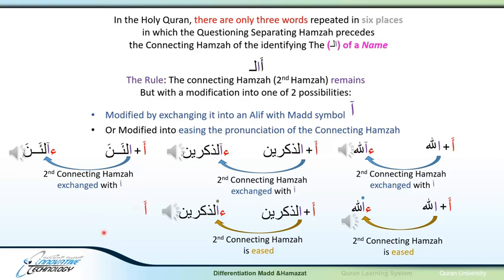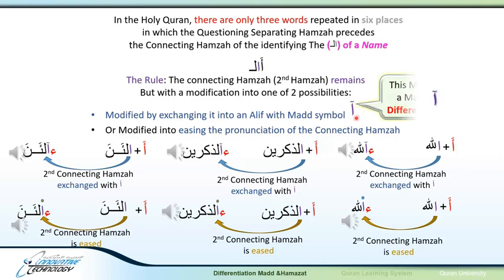And we have the other option of pronouncing it eased. الآن. So these are the three words, Allah, الذكرين, الآن, can be either pronounced with a mad or pronounced eased. And it is the situation where it is pronounced with a mad that we call this modification a differentiation mad. And this is the mad we're going to discuss now.